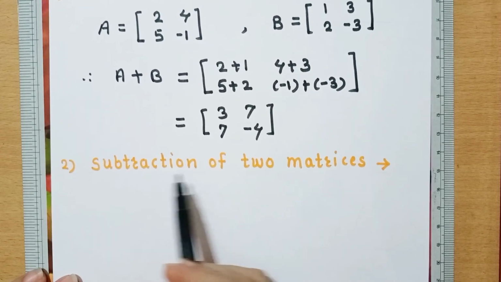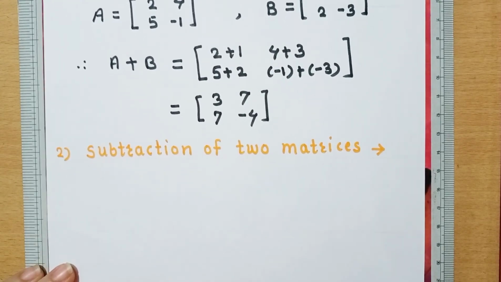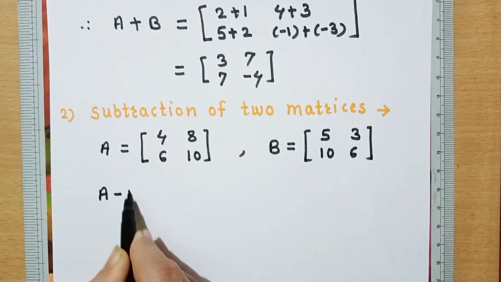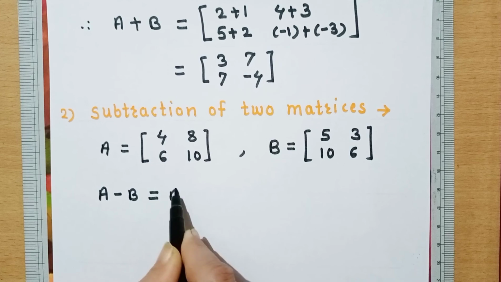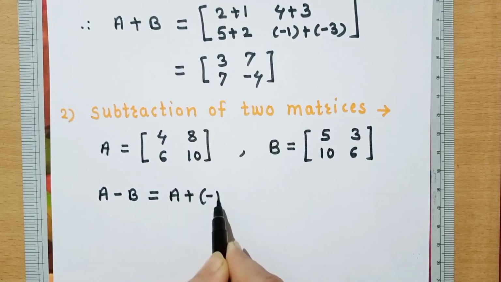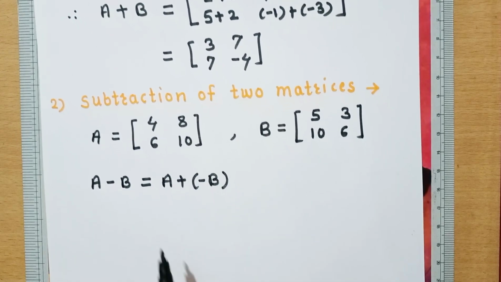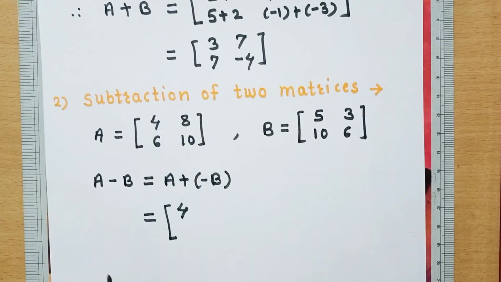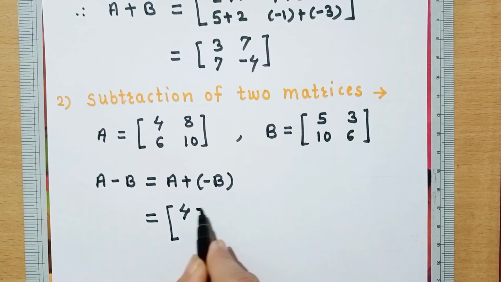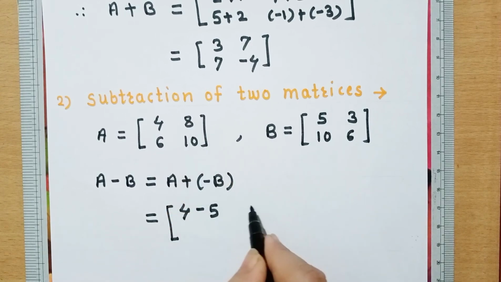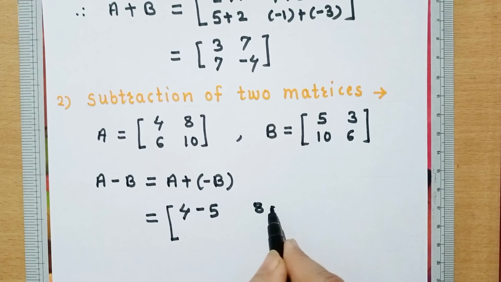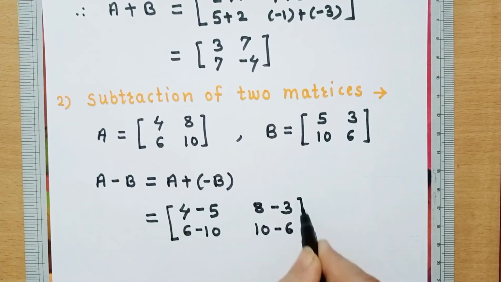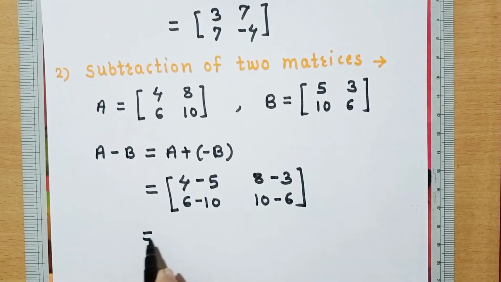Now let's check subtraction of two matrices. Here A minus B we will define as A plus minus of B. So in this way we will write the first term 4 as it is and then write down minus 5, then subtract the second one, then the third one and the last element, and so again simplify.